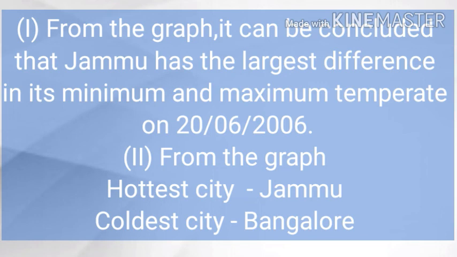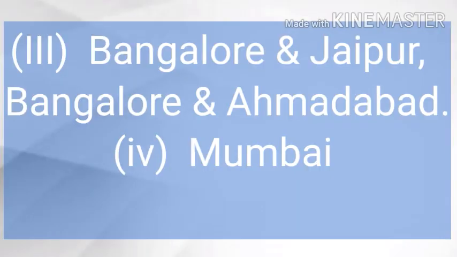And answer third: Bangalore and Jaipur, and Bangalore and Ahmedabad, because for Bangalore the maximum temperature was 28 degrees centigrade while the minimum temperature of both cities Ahmedabad and Jaipur was 29 degrees centigrade. And the last answer, fourth, is Mumbai.